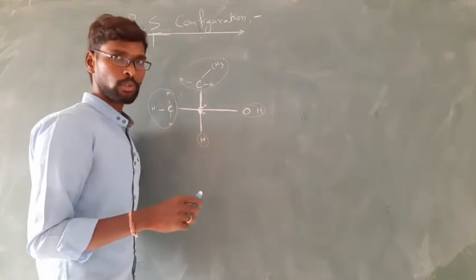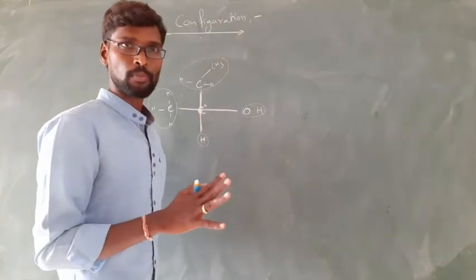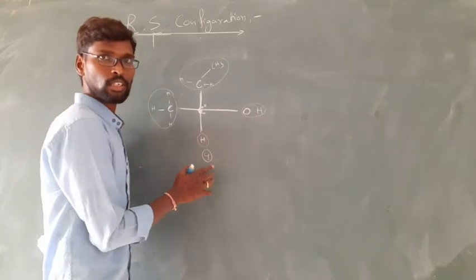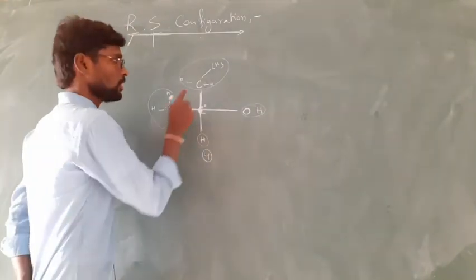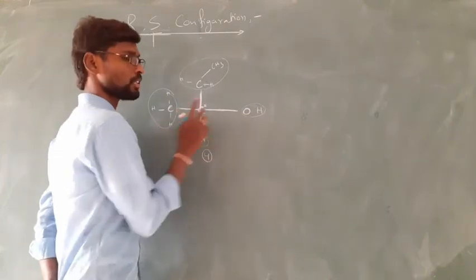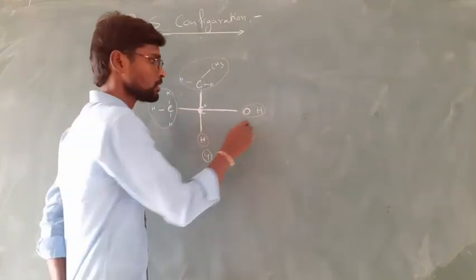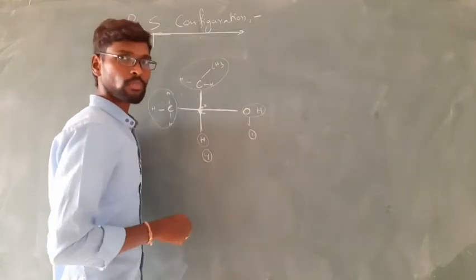Hydrogen has the least atomic mass in the whole periodic table, right? So this gets the fourth number. This is the least priority atom and the least priority group. Oxygen has a high atomic mass, so the oxygen group will get the first number.